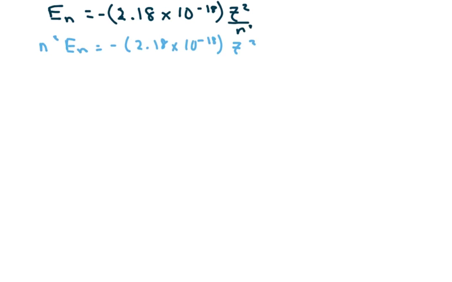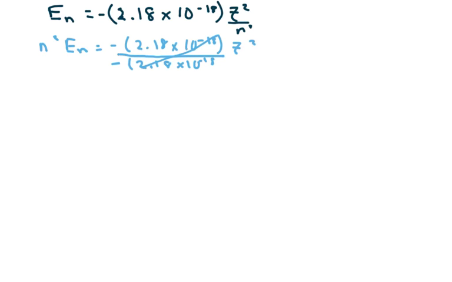Now, what you want to do is divide both sides by this whole thing here. We're going to divide everything by this on both sides, and that will eliminate that.